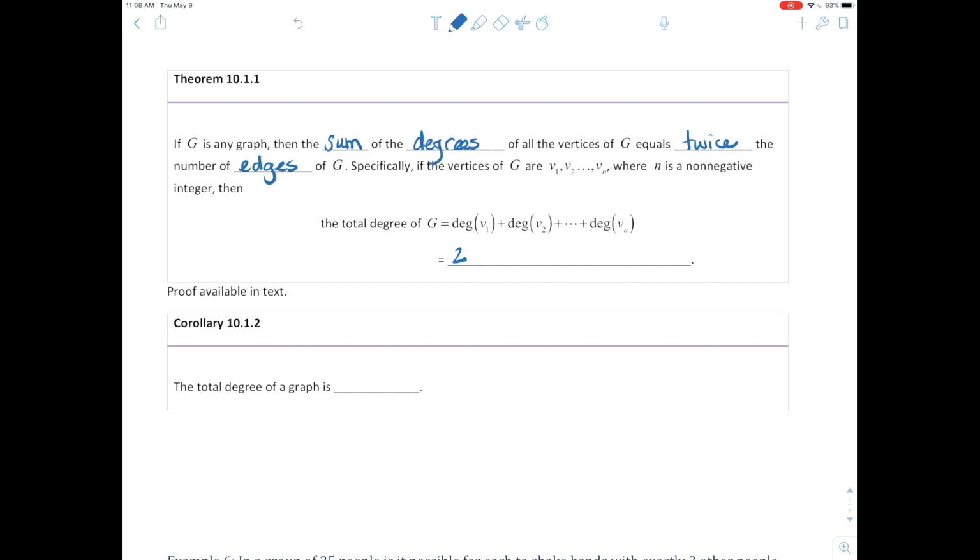Okay, so 2 times the number of edges of G.